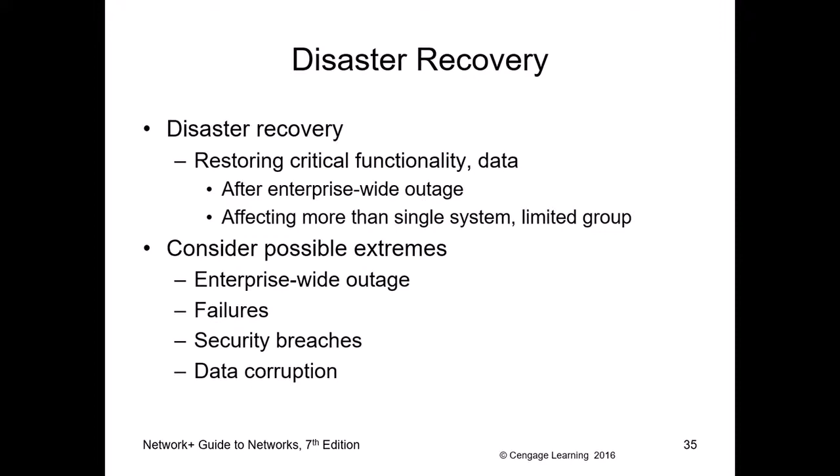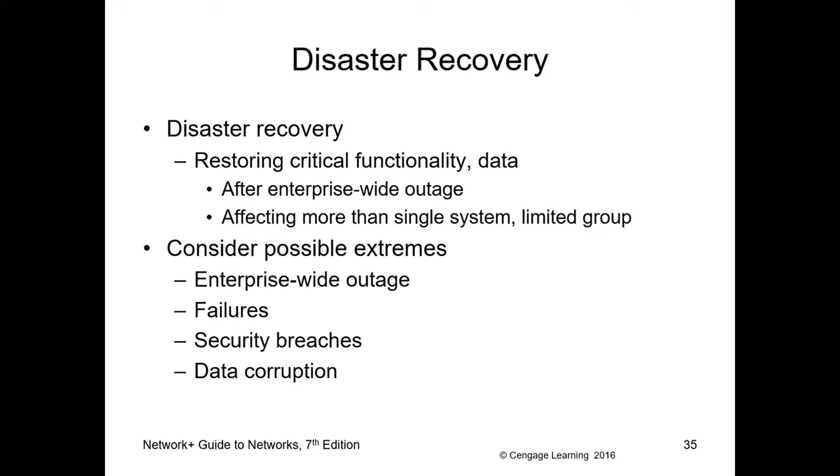In addition, please write this down. Restoring critical functionality of data in a disaster recovery plan, DLP it's called. You have to be able to restore data as quickly as possible, and it has to be documented, and employees have to be trained on how to recover data and what to do in case there's a disaster.